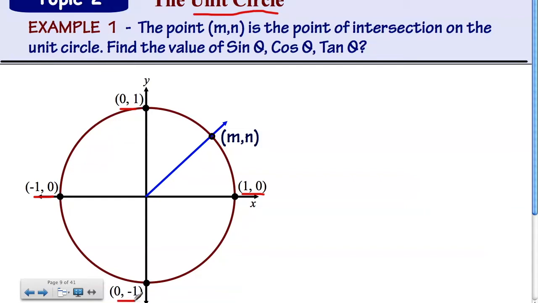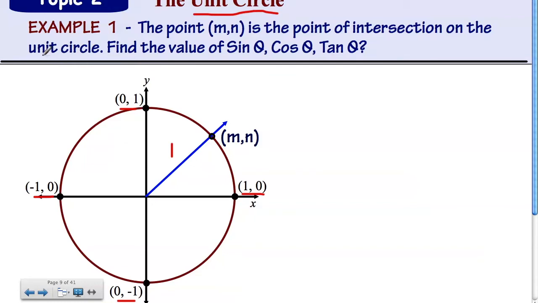Okay? Which means this radius right here, that radius of that circle, is 1. So this line right here, this blue line hitting that dot, is 1. Because if this is a radius, and that's a radius, and that is 1 unit, you know the radius is 1.